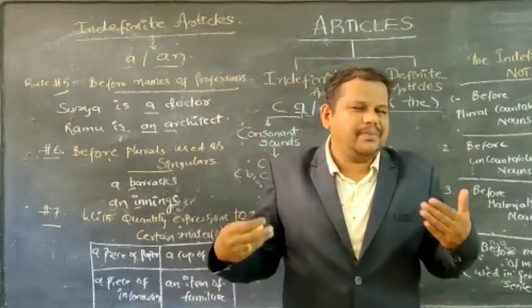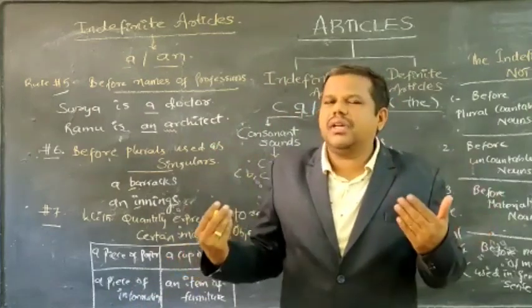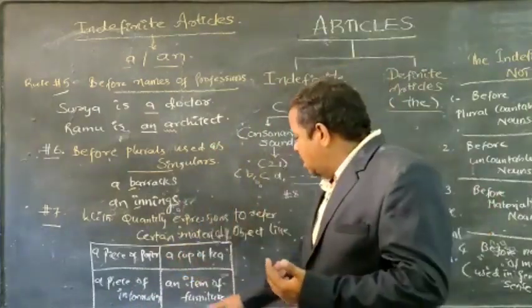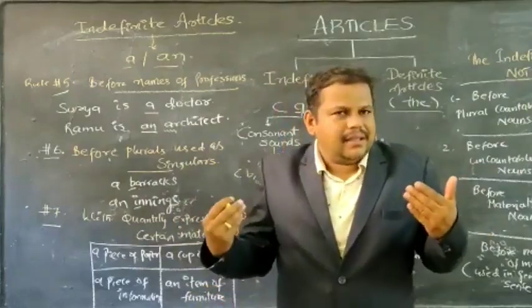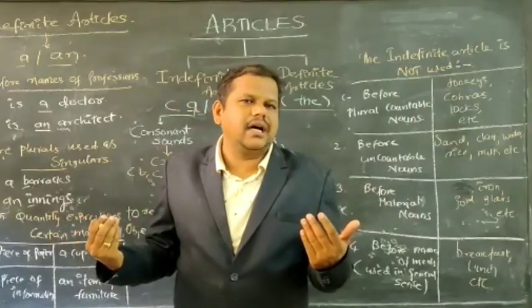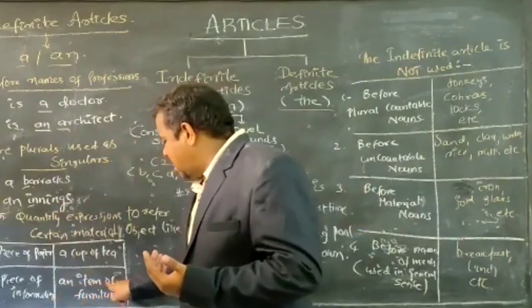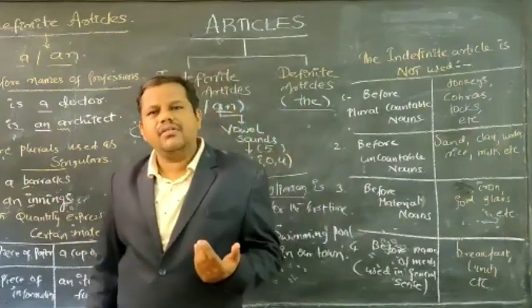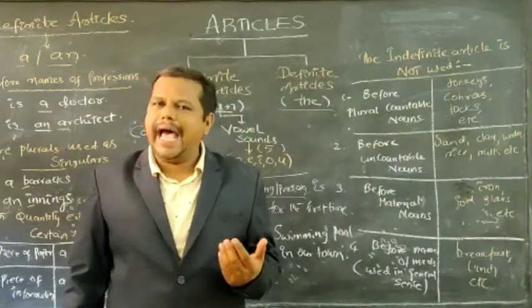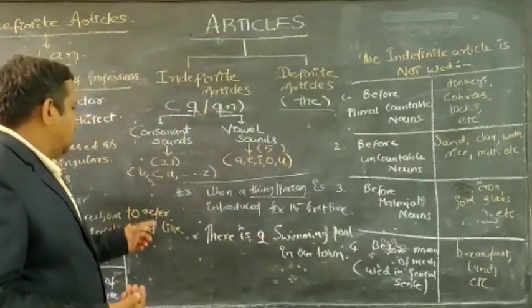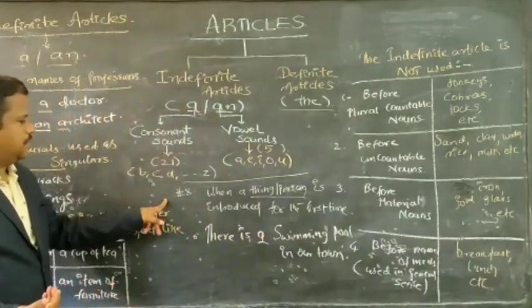We are going to say a piece of information, so we are going to use A. When you are talking about items, this is of course a vowel sound: an item of furniture. We are going to use what? An. That's a vowel.